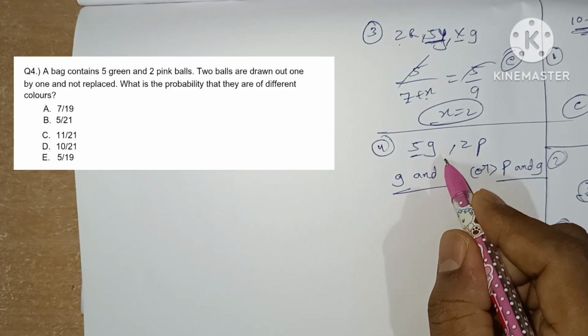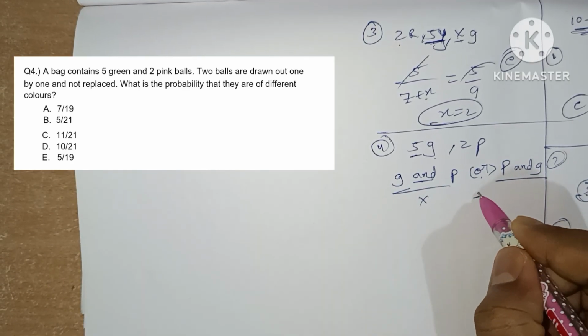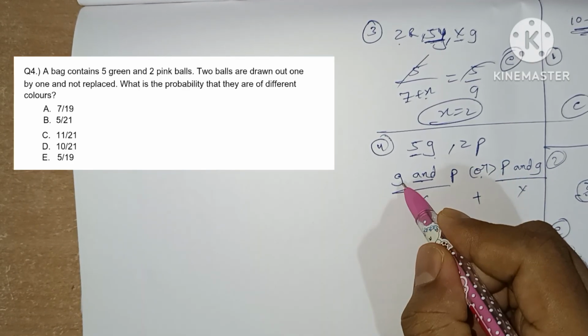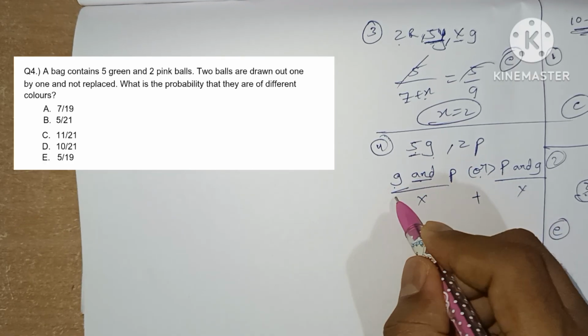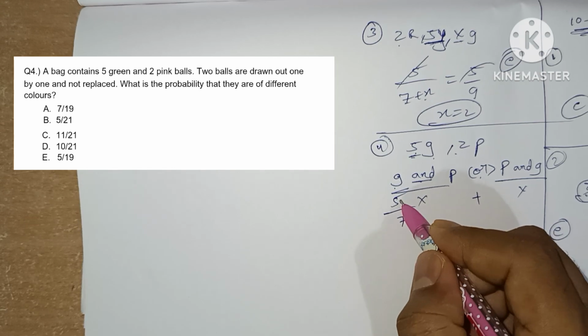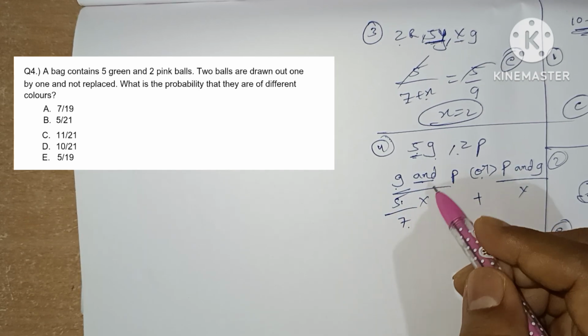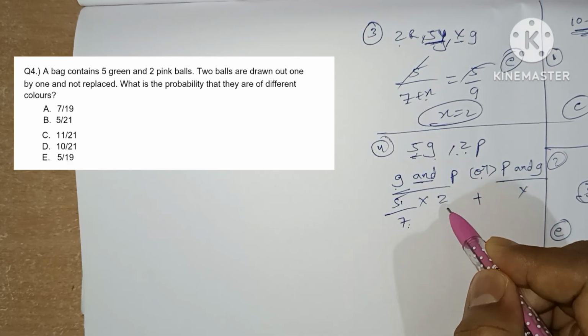In probability, 'and' means multiply, 'or' means plus. Now first he takes a green ball, so 5 out of 7 balls, only one ball is picked, so 5 by 7. Now one ball is less, and one pink ball is taken, so 2 by 6.